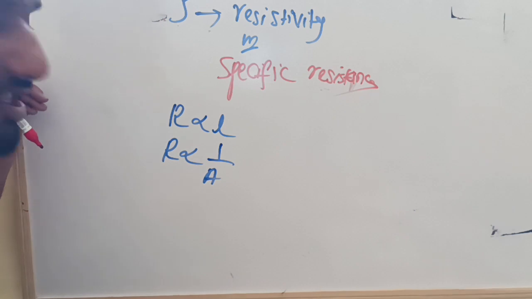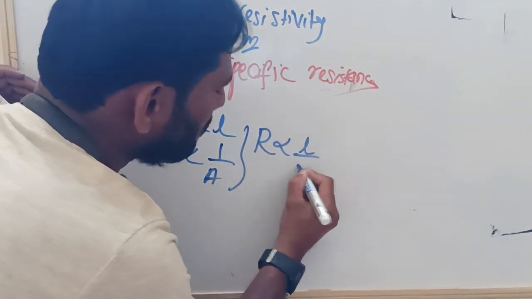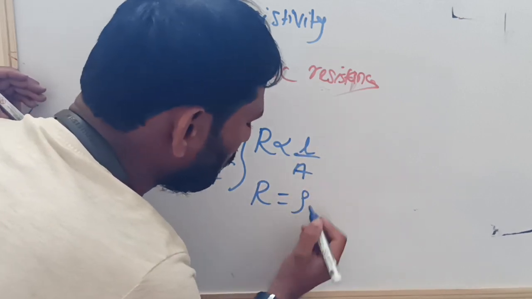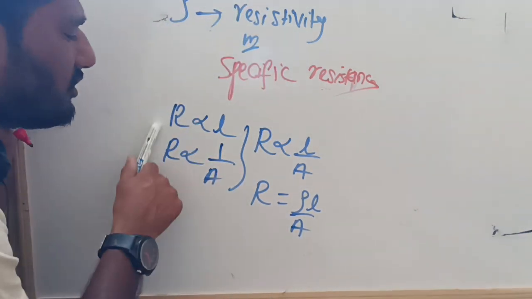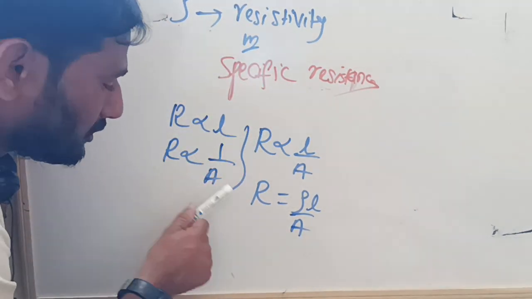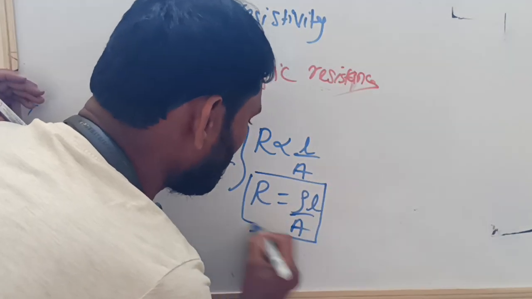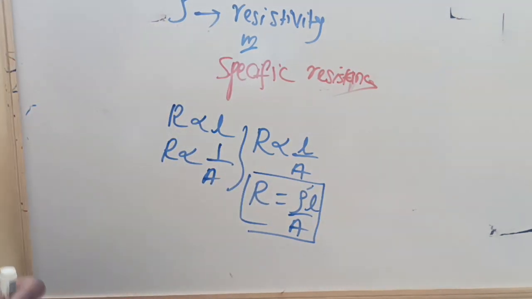Resistance, not resistivity. Combine these two equations. Now resistance is directly proportional to L divided by A. To remove this proportionality constant, we will use R is equal to rho L divided by A, where this rho is called resistivity or specific resistance.